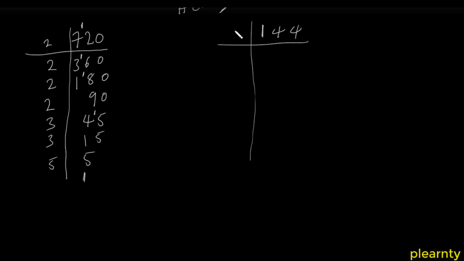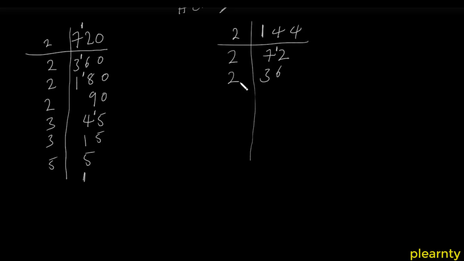So for 144, you can divide it by 2, which gives 72. This can also be divided by 2 to give 36.